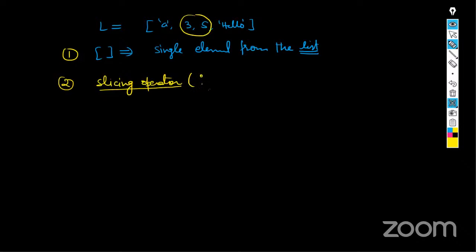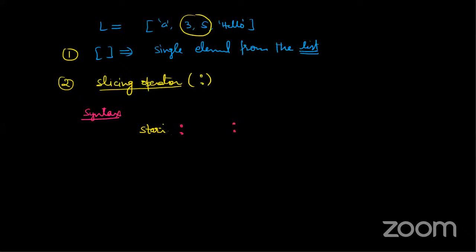This is represented like this. So guys, please pay attention over here. If this is not clear to you, then there's a big problem for understanding data science. The slicing operator syntax is like this. Real syntax will be like this. Here you will say start, here you will say end, and here you will say step.